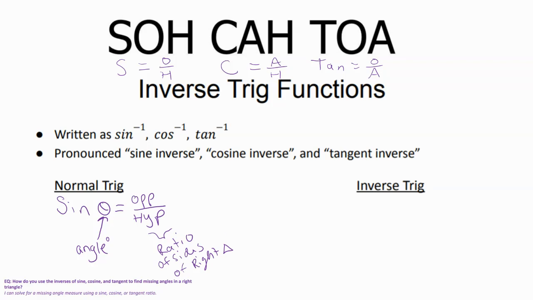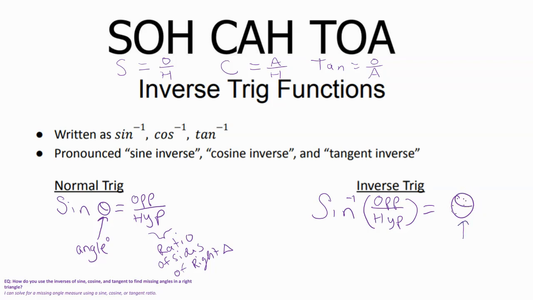All right. And so here's going to be the difference. The inverse, we're going to use sine inverse. And then we're going to actually put the opposite over hypotenuse. Oops, I totally did that backwards. So we're going to do the opposite over hypotenuse is going to be equal to your theta, or your angle.